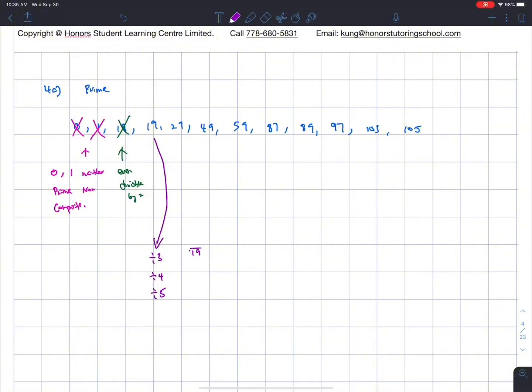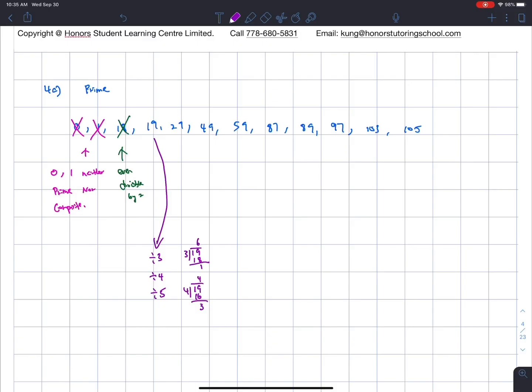If you try 19 divided by 3, you get 3 times 6 is 18, and you get a remainder, that's why it's not divisible. If you try to divide it by 4, 4 times 4 is 16, you get a remainder again, that's why it is not divisible. Because it doesn't end with 0 or 5, it's not divisible by 5. And I can stop here.